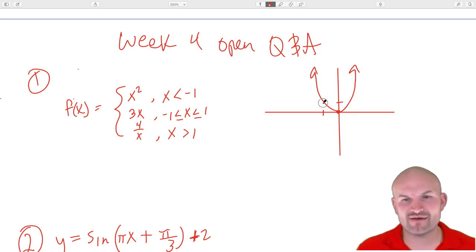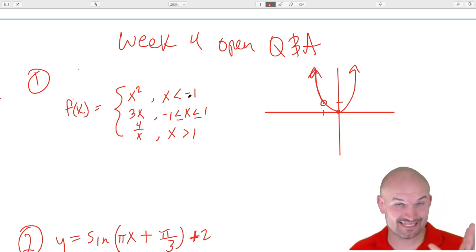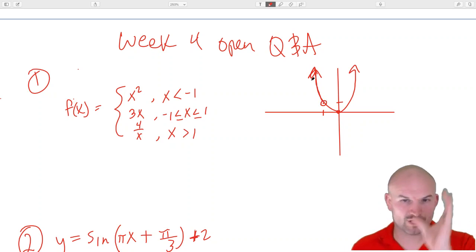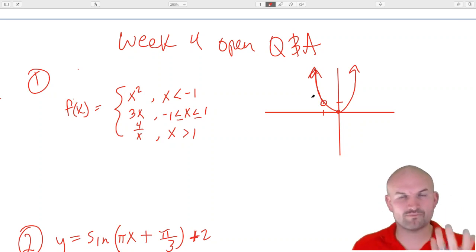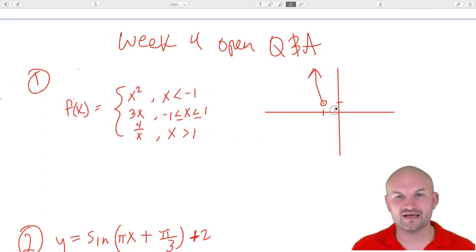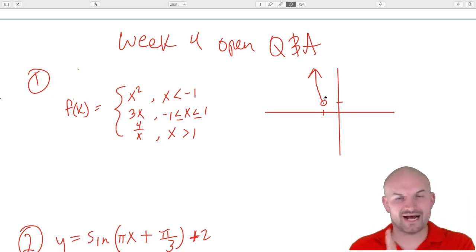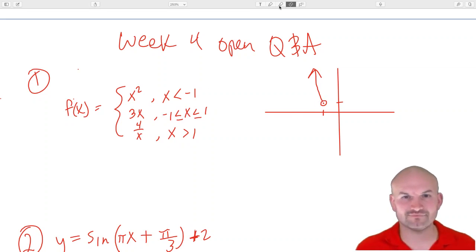So here is my value of -1. Since it's less than, not less than or equal to, it's going to be an open circle, and then going to the left. That's the portion of the graph that's going to be a part of this piecewise function. That means everything else I can delete, right? So we're only going to be working with the version of x squared where x is less than -1.